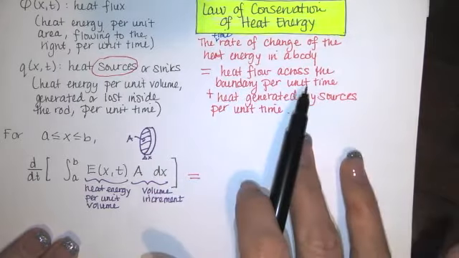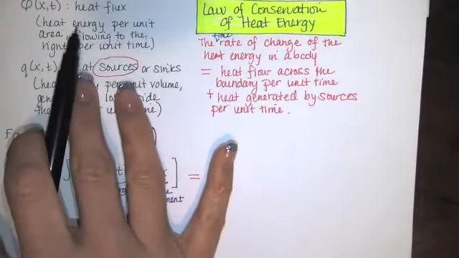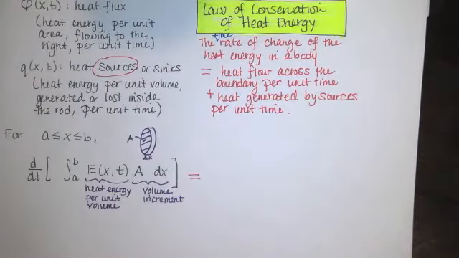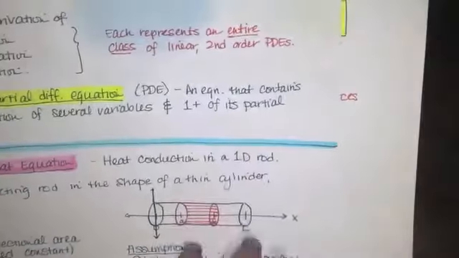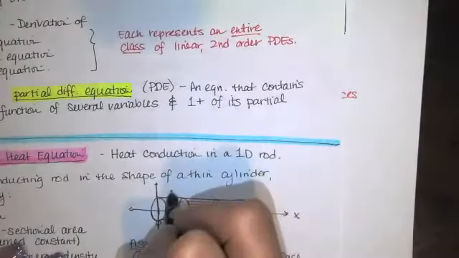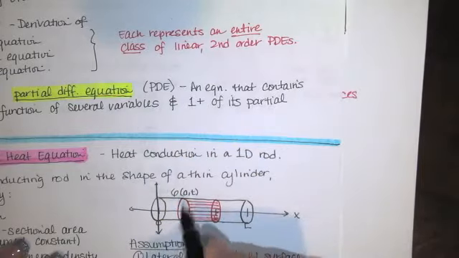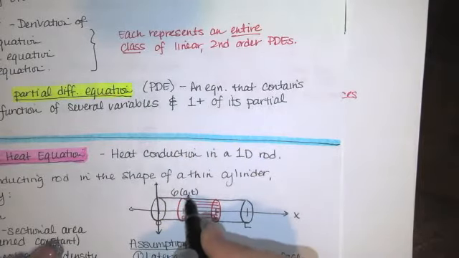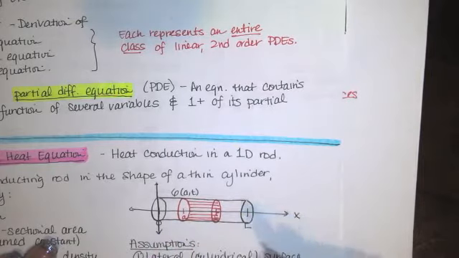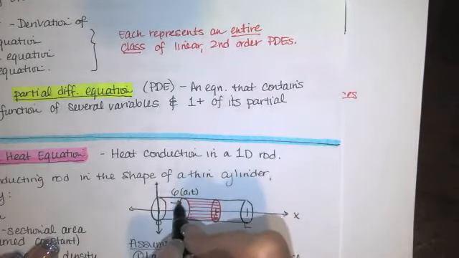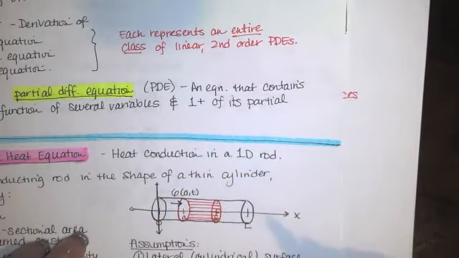Now, heat flow across the boundary per unit time deals with this heat flux. At x equals a, the heat flux is given by this function evaluated at x equals a and t. And that's going to be going in, because remember, we're measuring heat flux as always flowing to the right.